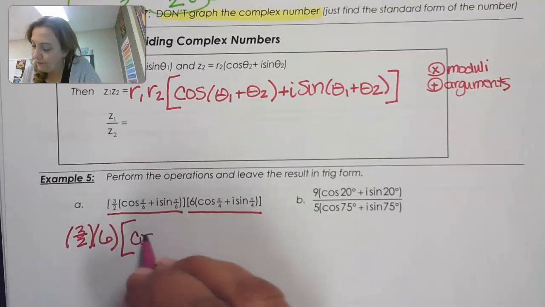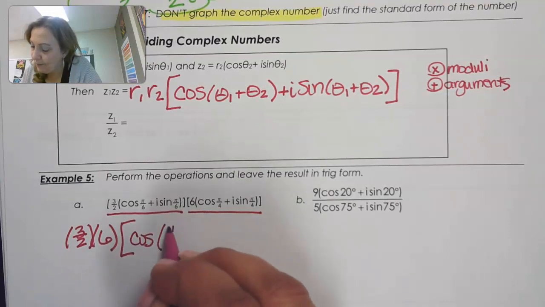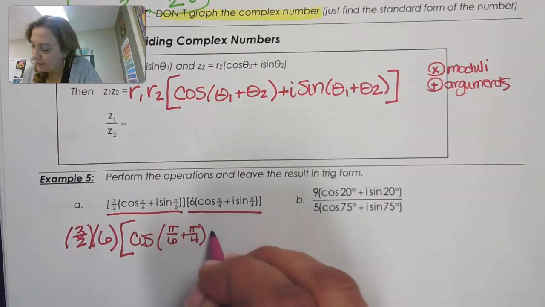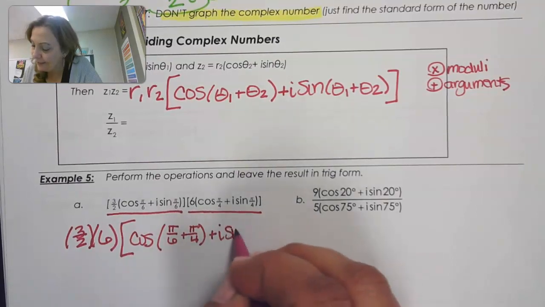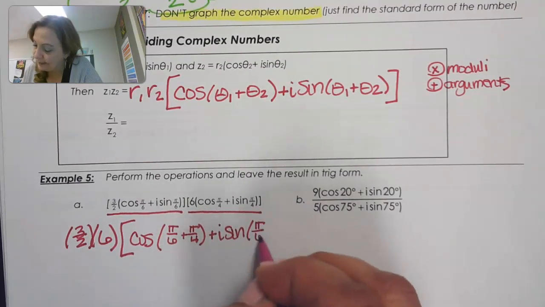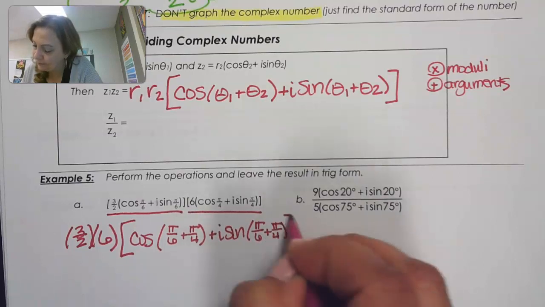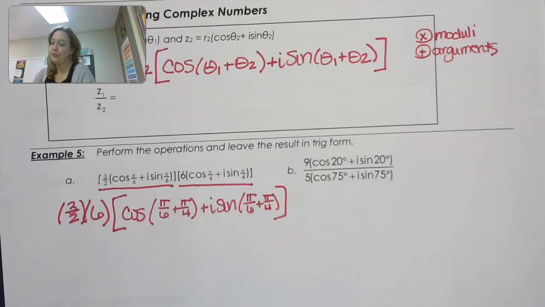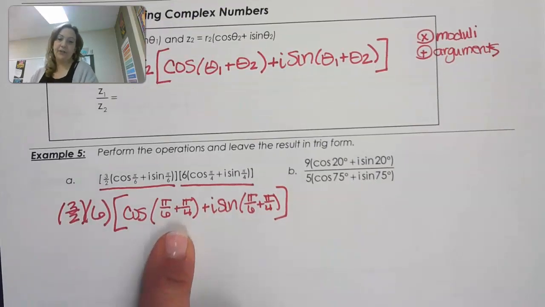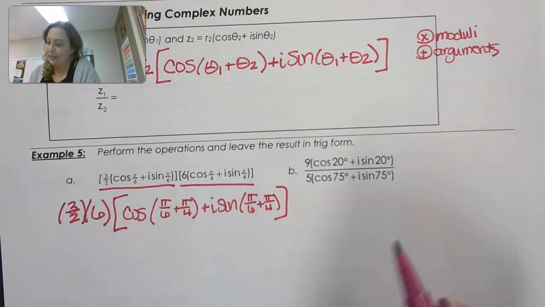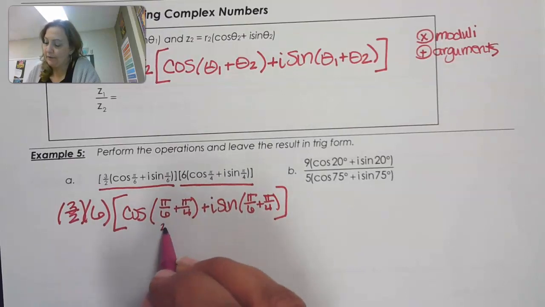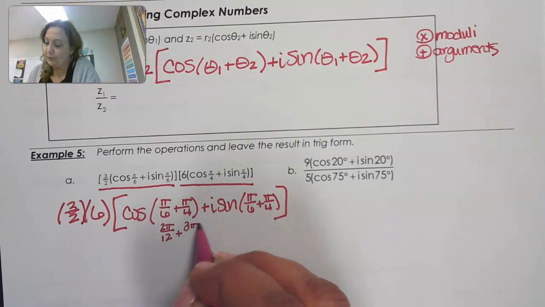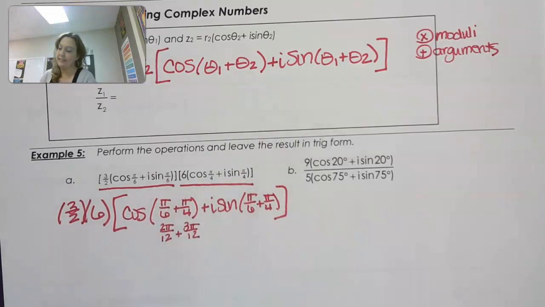So we're going to have the cosine of pi/6 plus pi/4 plus i times the sine of pi/6 plus pi/4. To add the fractions together, you might want to make a common denominator. A common denominator would be 12, so this would be 2 pi/12 plus 3 pi/12 in both cases.